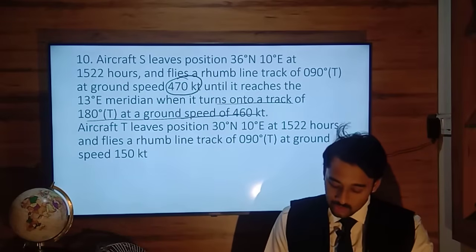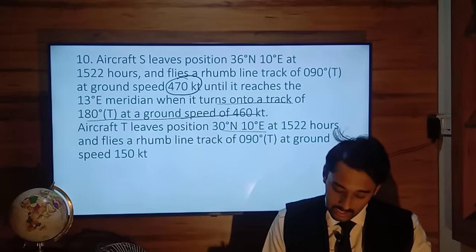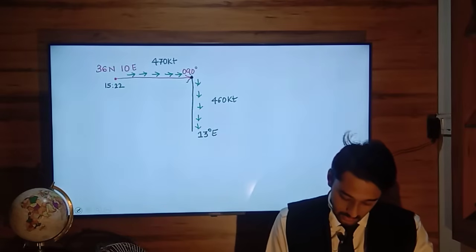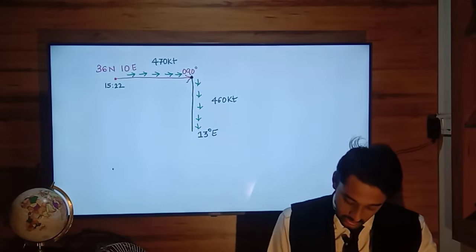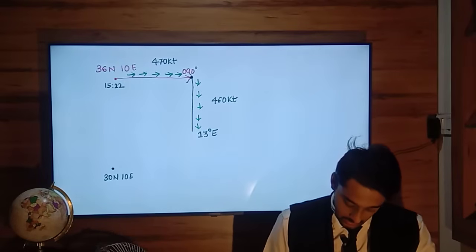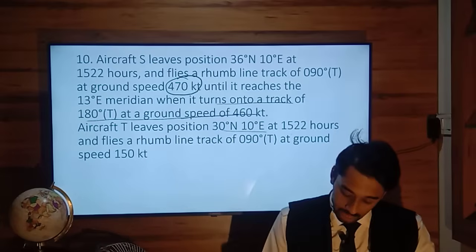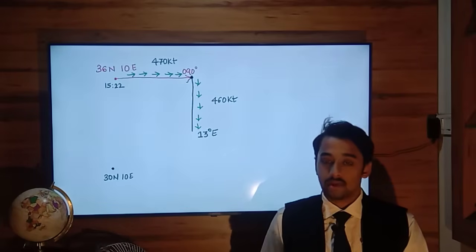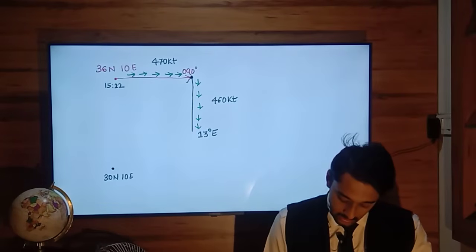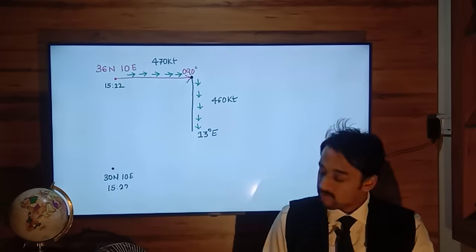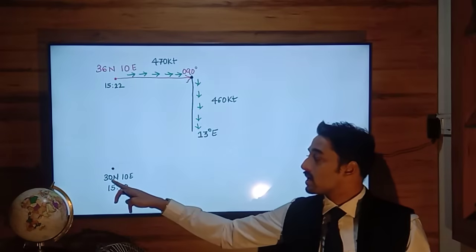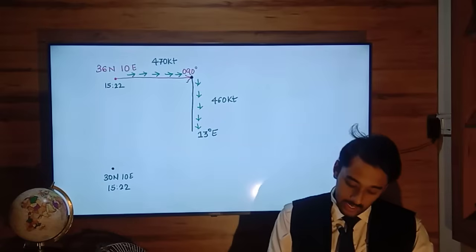Now aircraft T leaves position 30 degrees north, 10 degrees east, at 15:22 hours. At the same time there is another aircraft leaving from another latitude, 30 degrees north, but the same meridian.